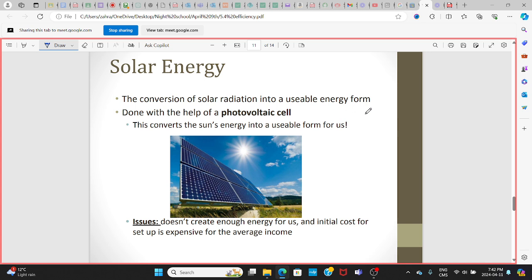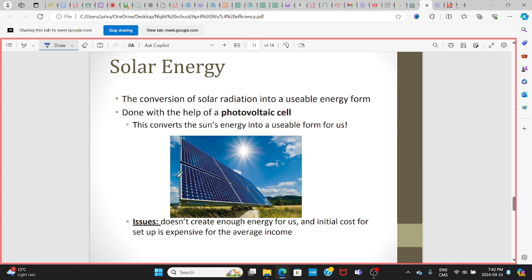Yes. Solar energy is another type of energy which is very clean. It is the conversion of solar radiation into usable energy, done with the help of photovoltaic cells. So these are the cells here. When the light hits them, it produces some kind of electric current inside the panel.